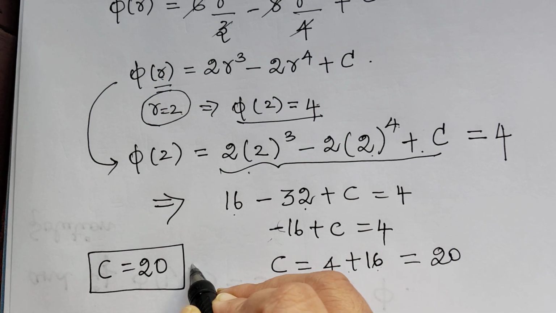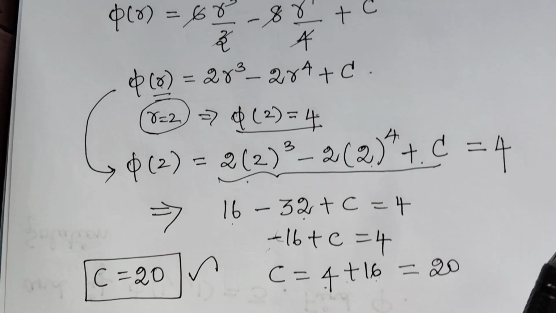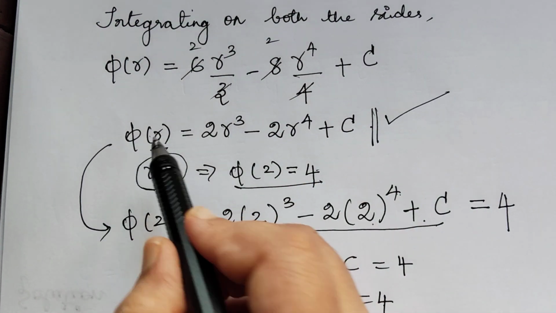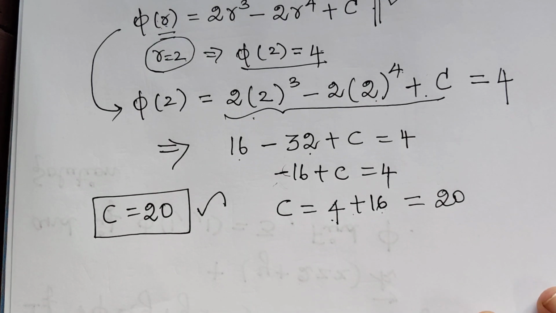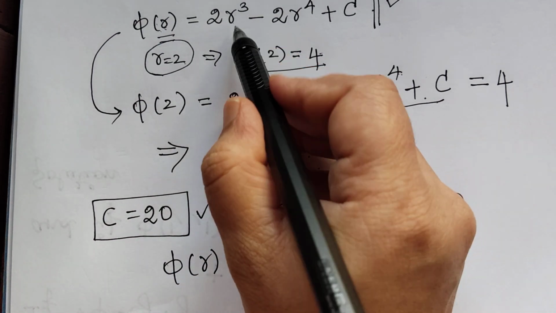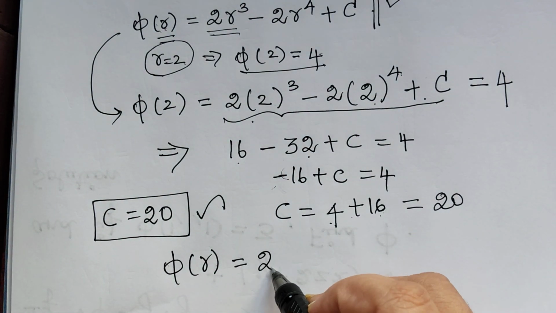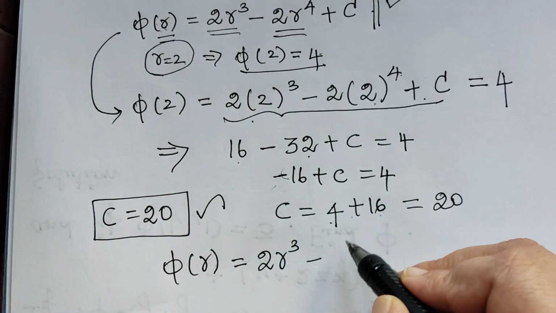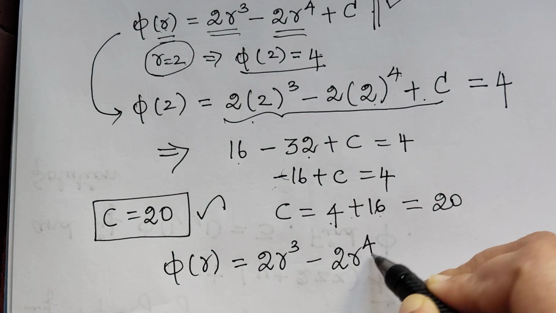Now take and substitute this value of c in our phi of r, the answer that we got. So phi of r is equal to 2r cubed minus 2r to the power 4 plus c.